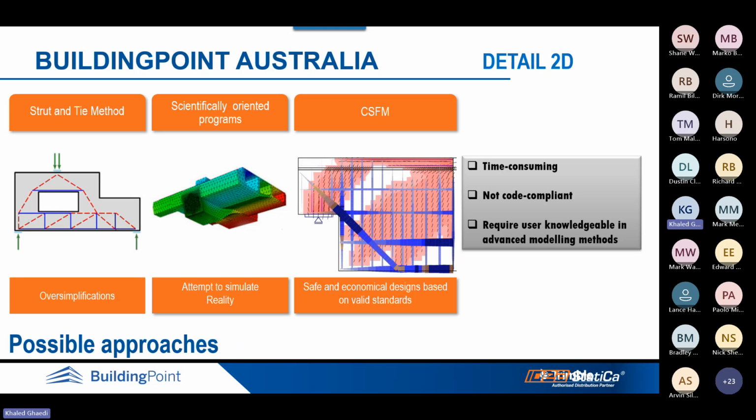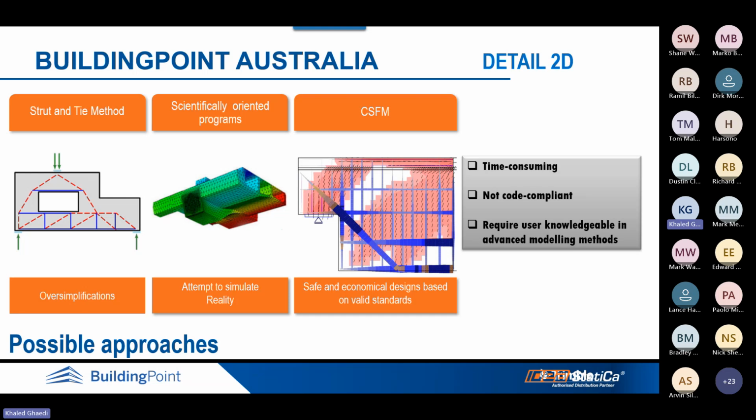That's why the new solution, which we now call a cutting edge solution for designing concrete members or discontinuity regions, takes advantage of CSFM, the compatible stress field method. It is a combination of the strut and tie method, which is a conventional method, with scientifically oriented programs like Abaqus and ANSYS.